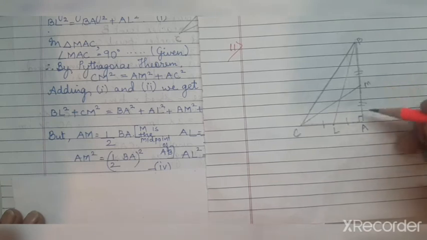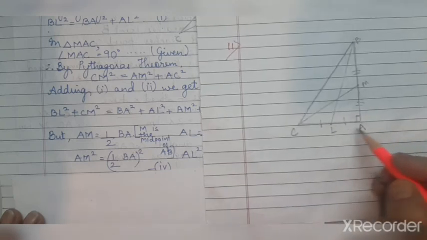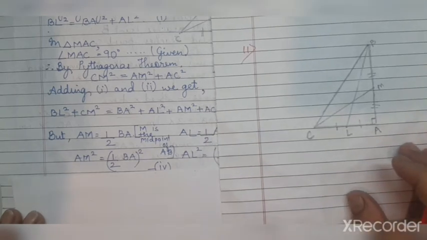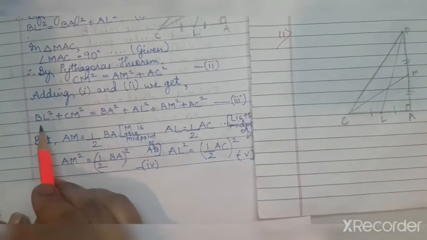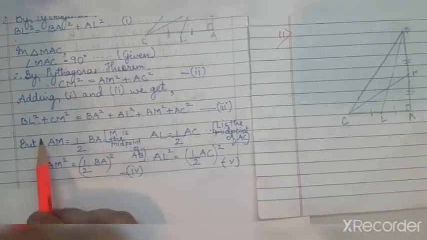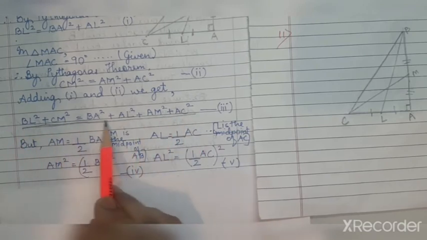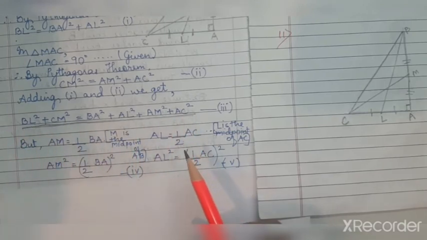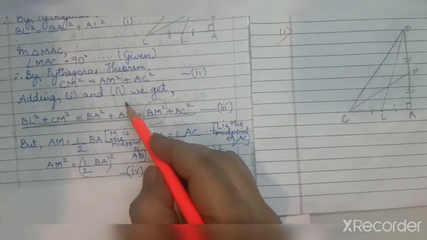Again I am repeating, AM is half of BA and AL is half of AC. That we are going to substitute in this particular statement where we have added 1 and 2 and we have got this long statement after adding 1 and 2. We will replace this AM and this AL.